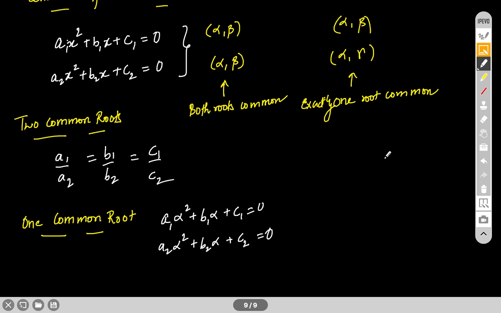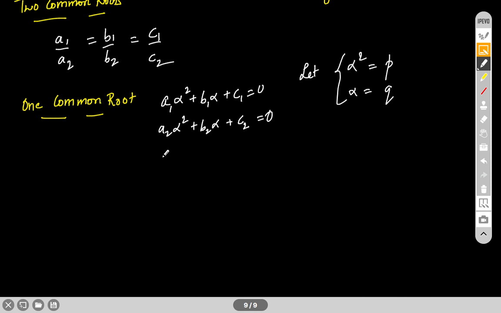Then what I can do is put alpha square as, let's say, P, and alpha as Q. So can I say this equation will convert as A1P plus B1Q plus C1 equal to 0, and A2P plus B2Q plus C2 equal to 0?